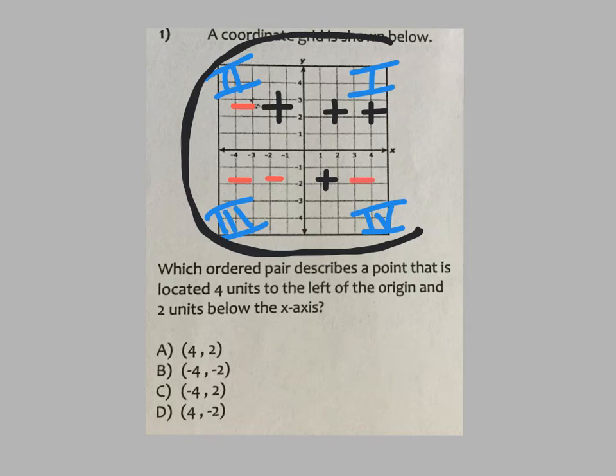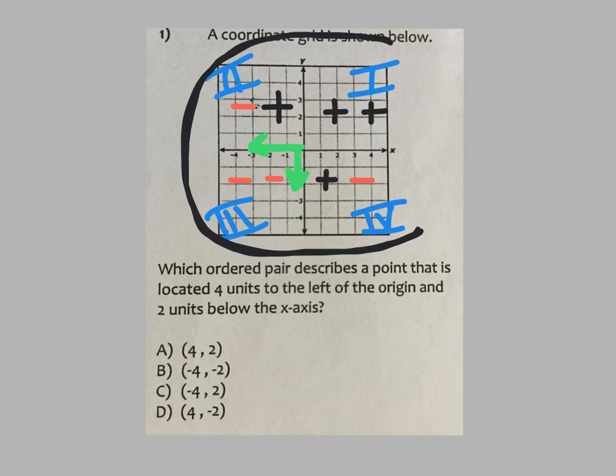If we need to go left of the origin, that's this way, so that's negative, and below the x-axis, which is this way, which is also negative, then we're looking for an ordered pair that is negative, negative. Left for negative, down for negative.